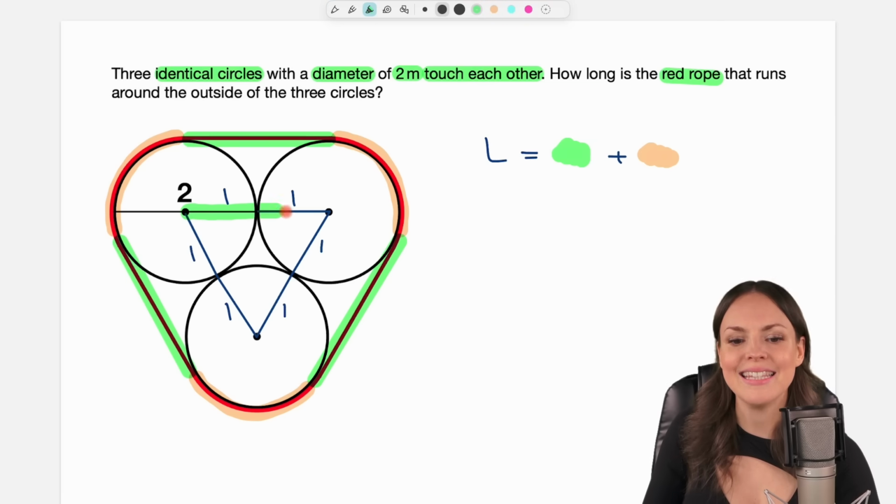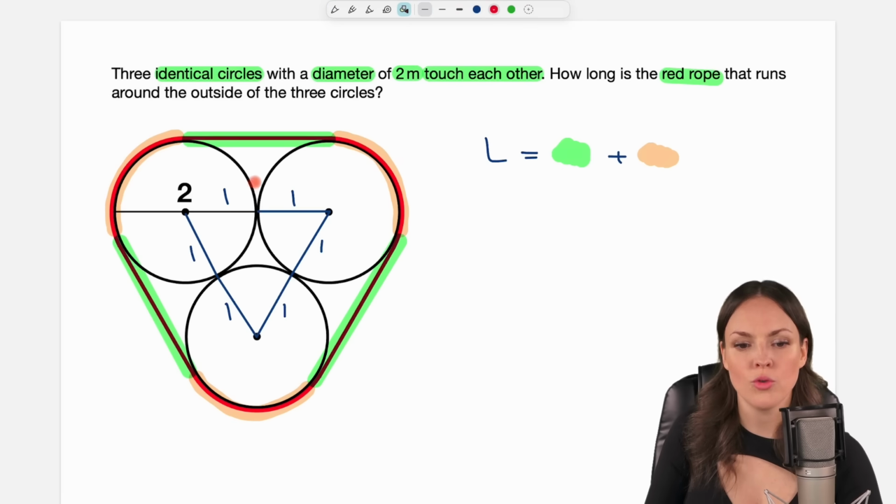Why is this a straight line, although it consists of this part and this part? Well, this is a straight line because these circles touch each other at this point.